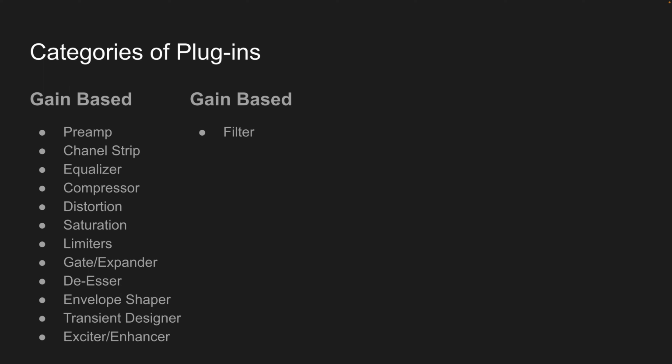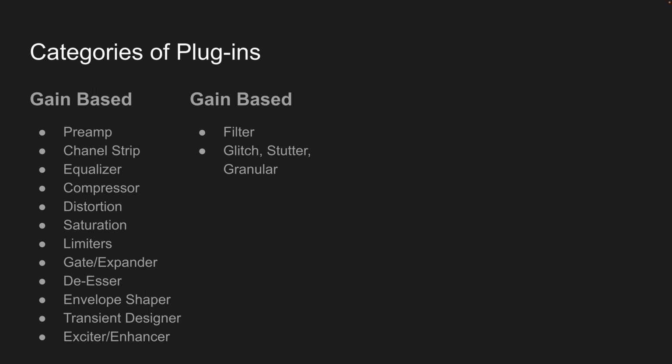All right, next would be filter. So we're still on gain-based. Filters are also usually found in equalizers, but your high-pass filter, low-pass filters. There are more specialized filters that you may use in your mix to get an effect. And then glitch, stutter, granular effects are used to get weird, tweaked-out sounds.